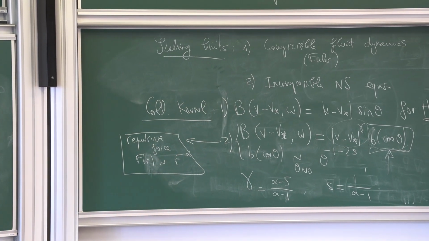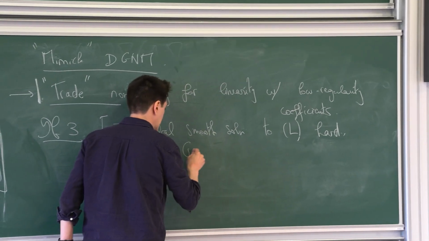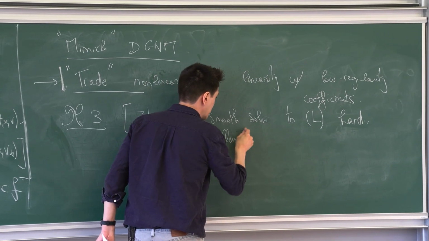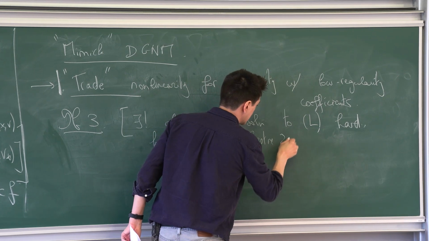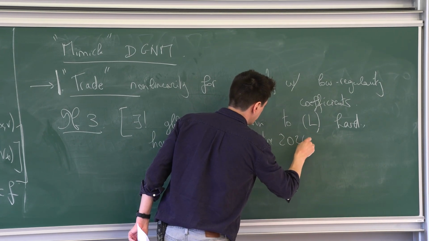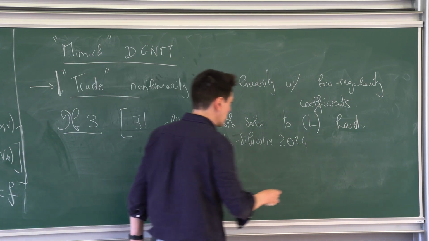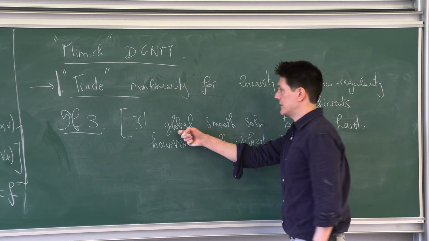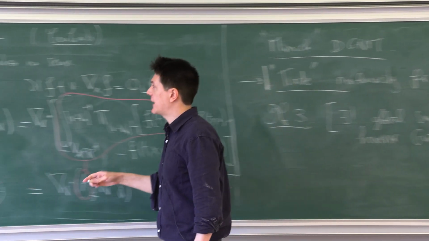But it is worth mentioning a beautiful, absolutely beautiful, rather short paper by Nestor Guillen and Luis Silvestre in '23 or '24, maybe early '24, who have actually solved the question of global smooth solutions, but without the x variable.